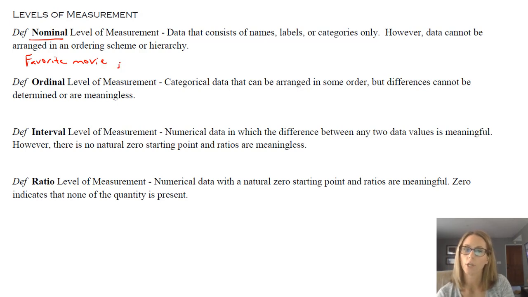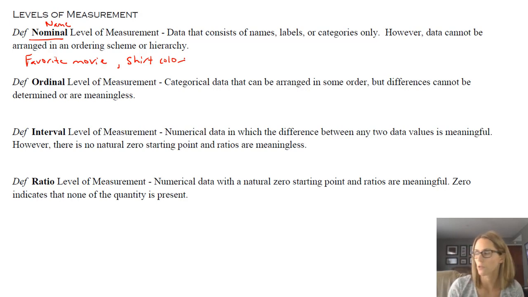So that's an example of a nominal. So the way I think about nominal is typically thinking about name, nominal name. As I used the example earlier, another example would be, say, shirt color, because I'm getting answers like red or blue or black, and there's no way to measure that data.